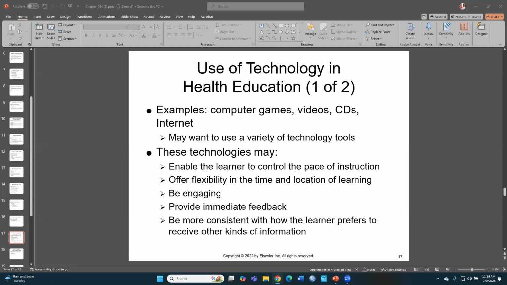Helping people, or guiding them, to appropriate internet sources is key. That's why beginning with your CDCs, your National Institutes of Health, the .edus, the .govs are going to be a little bit more reliable and credible.